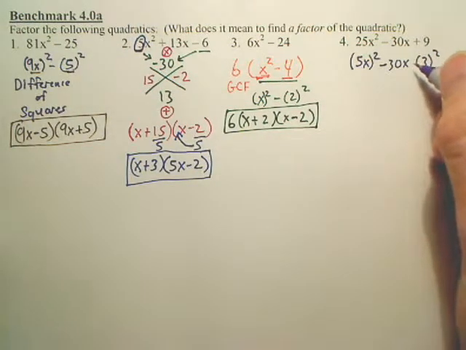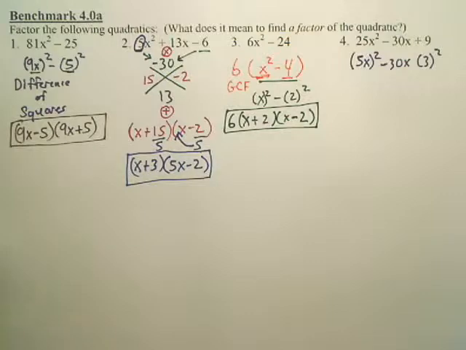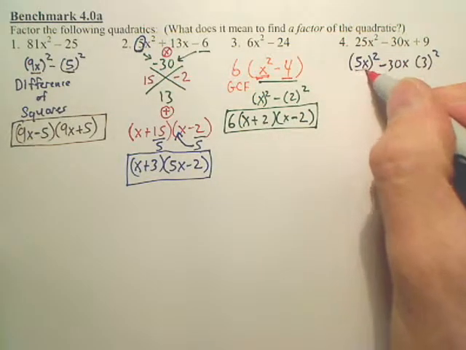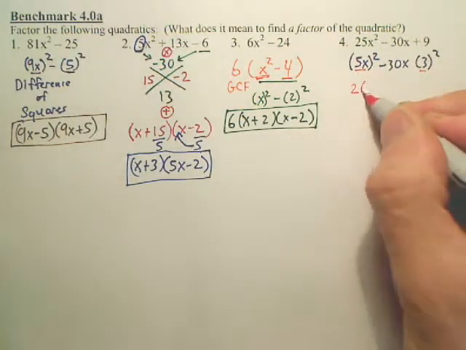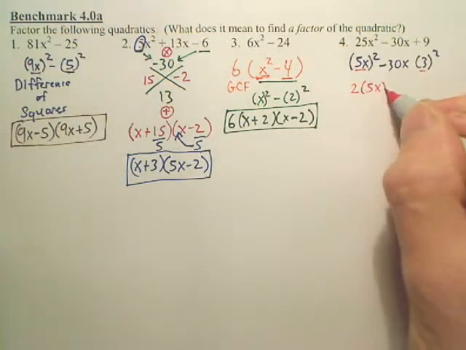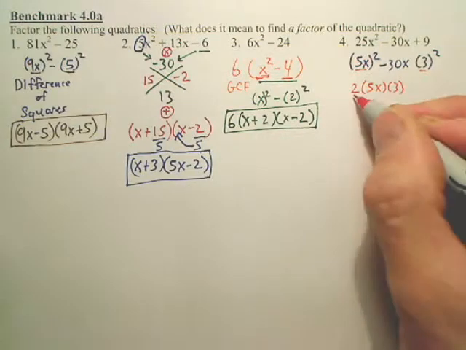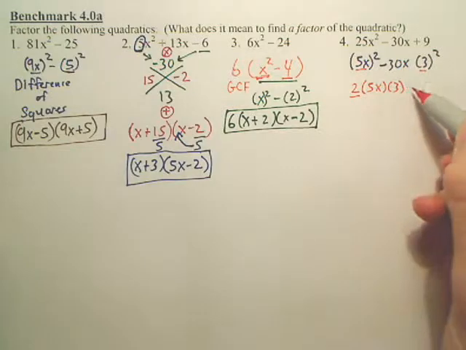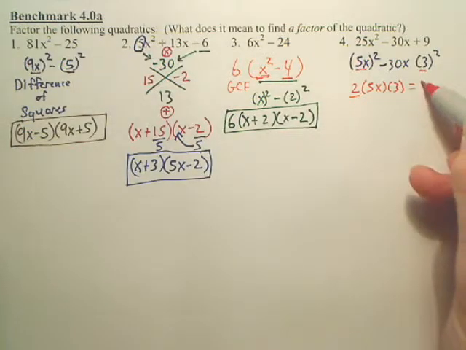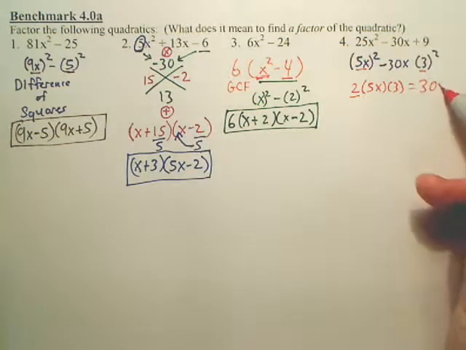Now, to make sure it's actually a perfect square trinomial, what you do is you take these two values, you double them, you multiply 5x and 3, and then you double it. You multiply the 5x times the 3 and double it. That gives you 30x.